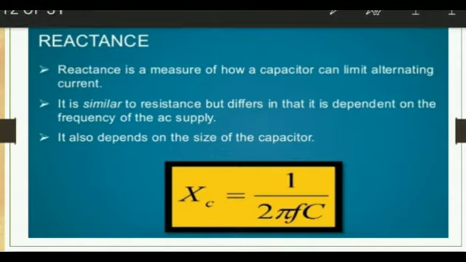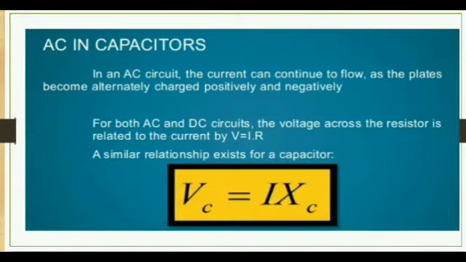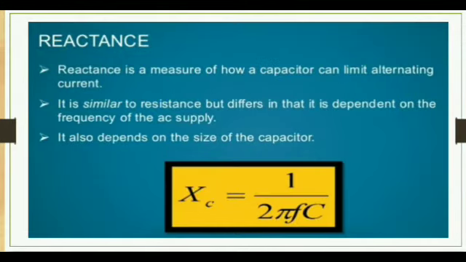V is equal to IR is the formula for a resistor. For a capacitor, VC is equal to I, the current, times XC, the capacitive reactance. This capacitive reactance depends on capacitor size.